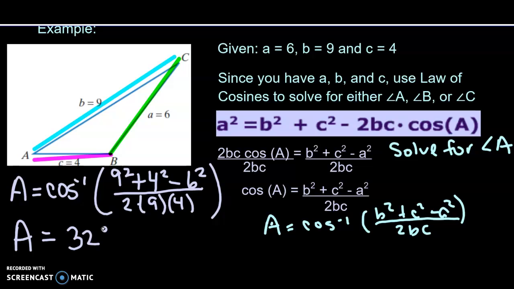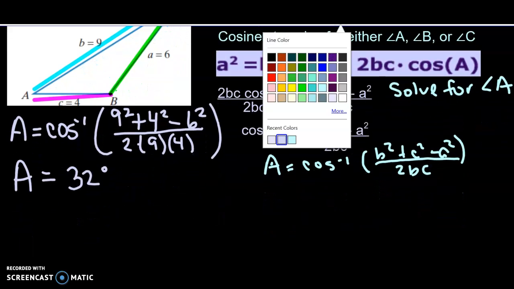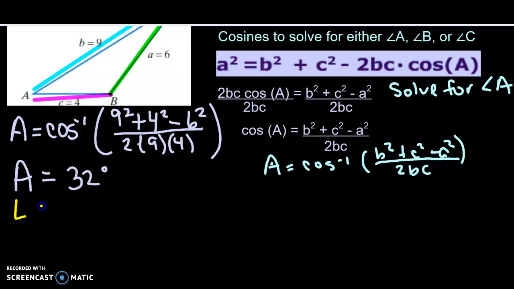Now what do we do to solve for one of the other angles? You just use law of sines.